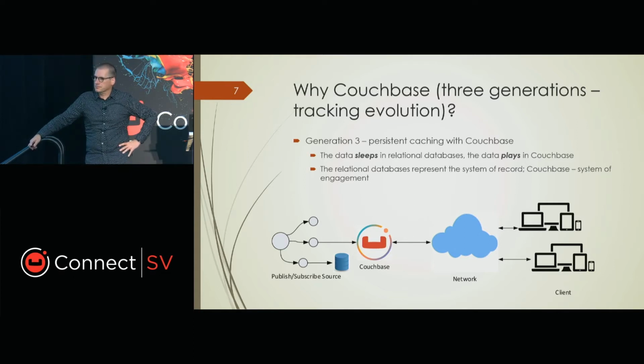So my question is, why did you not use an in-memory database as compared to Couchbase? Why do you have to go to Couchbase rather than just using an in-memory database that gets fed by the events from the relational data store? The main reason I believe that we went into Couchbase was manageability and scalability. There are certainly other solutions that would work, but Couchbase was a technology that we were interested in.